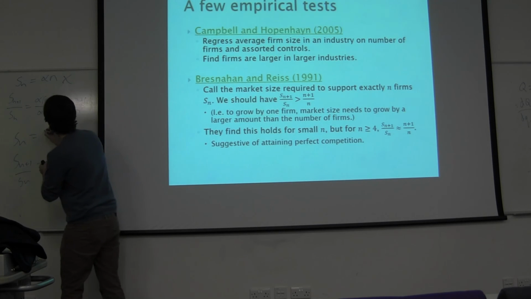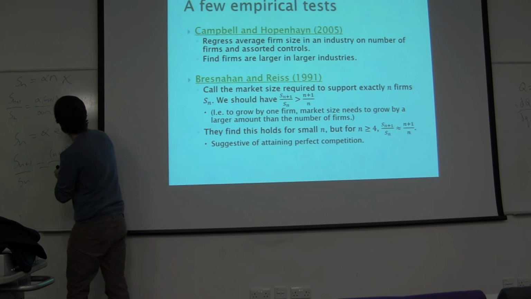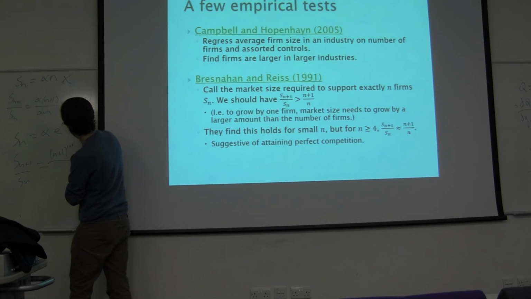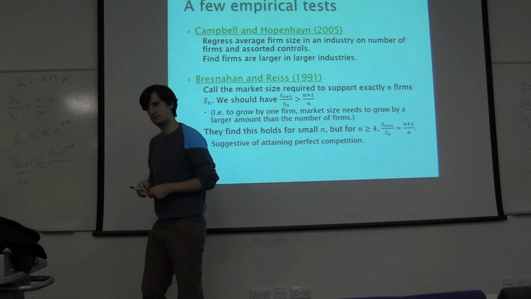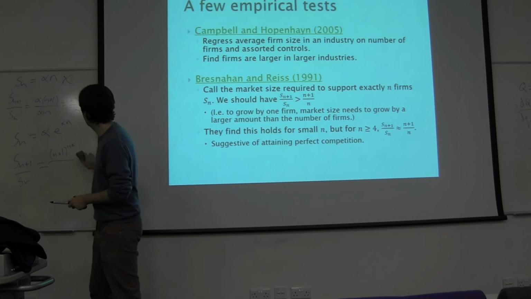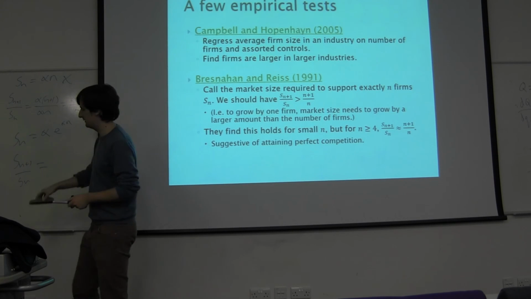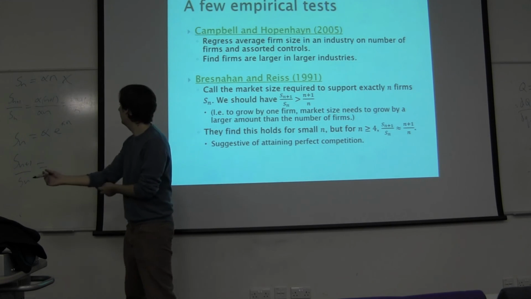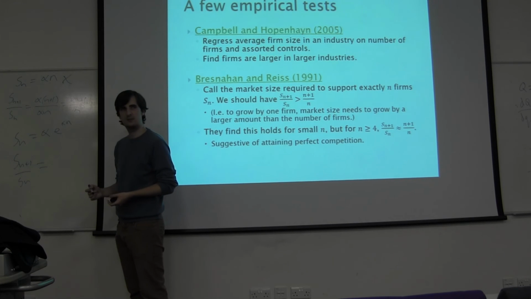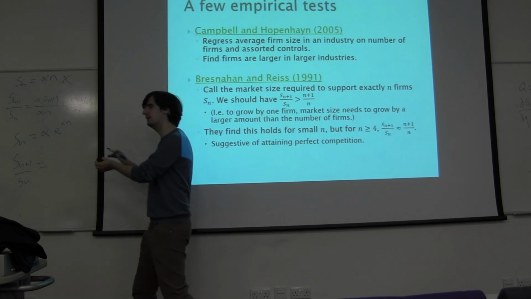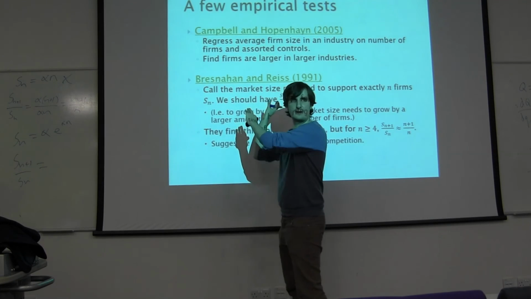Let me do this in a better way. Suppose it was something like alpha times e to the power of kappa times n. I'm just doing this for illustration so you can see why what they're testing makes sense.